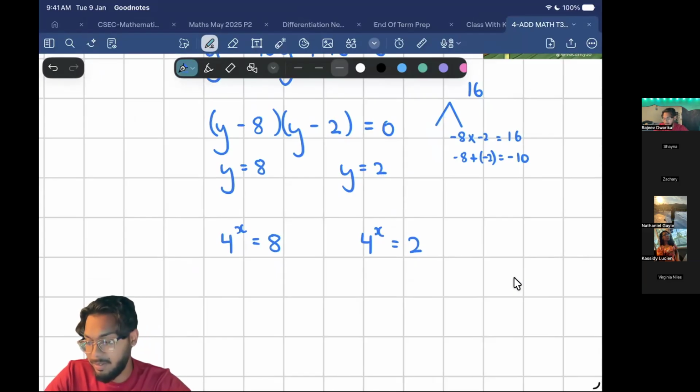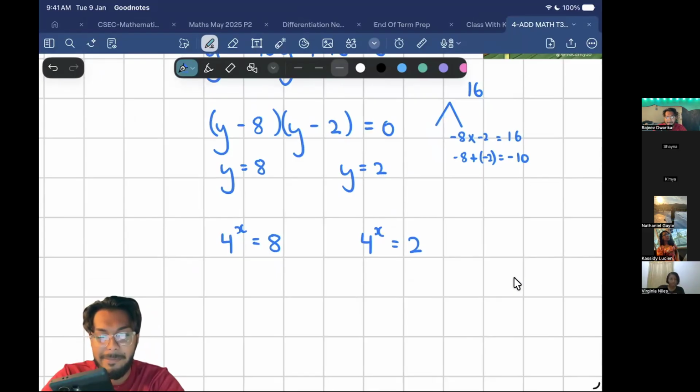Wait, give me a second. I wasn't thinking of having to do logs too. You have to apply logs because then you bring everything to 2. You have to apply logs. That's what I said. But do you all know why you're applying logs? To find the power, which is x.